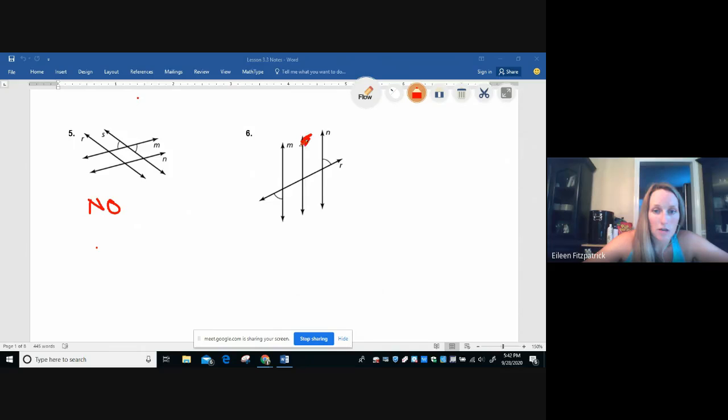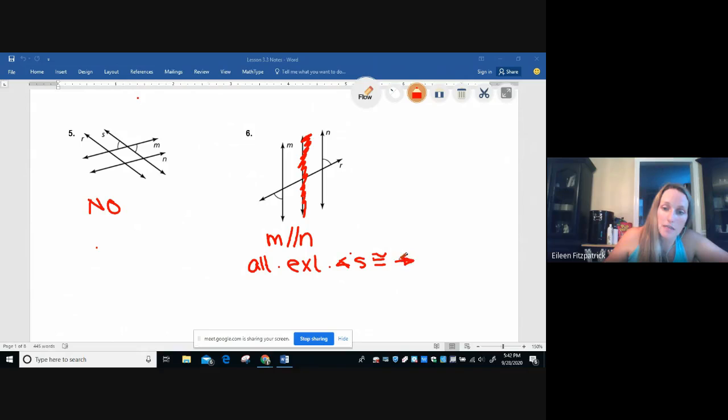Can we try to maybe envision that this isn't here for a second? What kind of angles are these? They are alternate exterior angles. So I can say that M is parallel to N, and the reason would be alternate exterior angles congruent implies parallel lines. Okay.